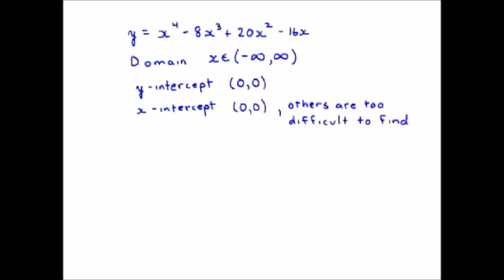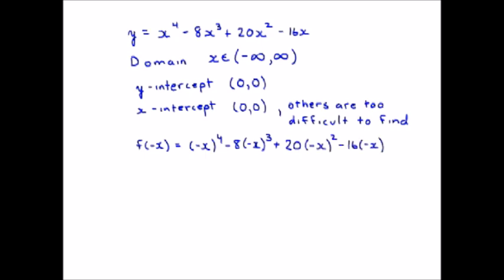The next thing we have to do is determine if the function is even, odd, or neither. If it is even, then f of x should be equal to f of negative x. So I started by finding f of negative x. That means everywhere in the function there was an x, I replace it with a negative x and evaluate that expression.